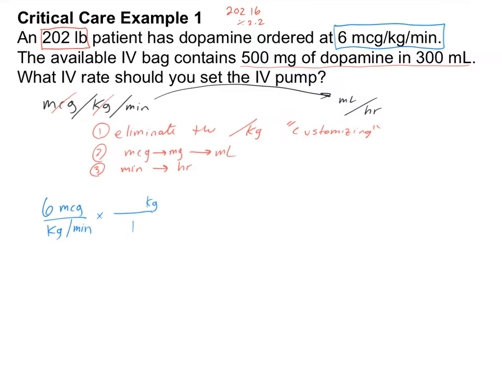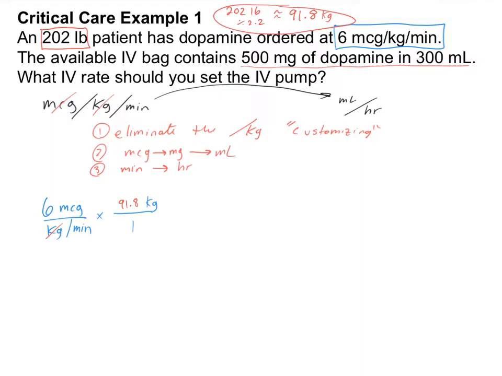If you're still a little uncertain about that, set up the dimensional analysis or a proportion. Taking 202 and dividing by 2.2, we get our patient's weight in kilograms. We know this is going to be rounded to the tenths place, so I'm going to write approximately 91.8 kilograms. That's the patient's weight converted to kilograms. So that's what I will multiply by.